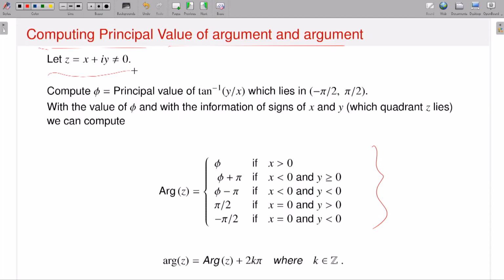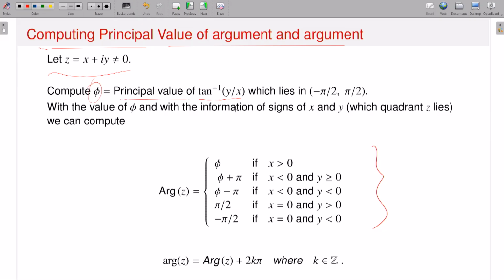Start with a non-zero complex number z. First you consider z equal to x plus iy. Since z is non-zero, x plus iy is non-zero, so of course you have to calculate tan inverse of y by x. You get the principal value of tan inverse y by x, let it be phi.